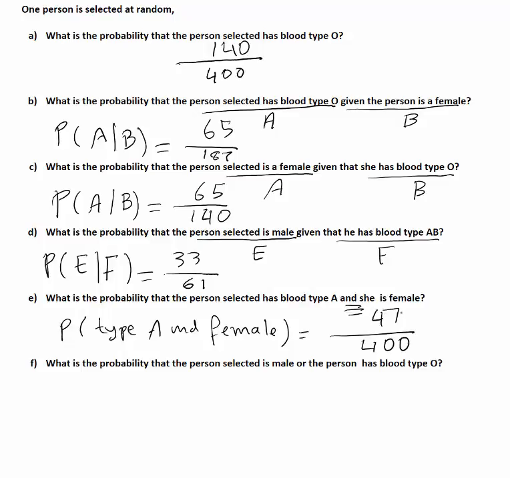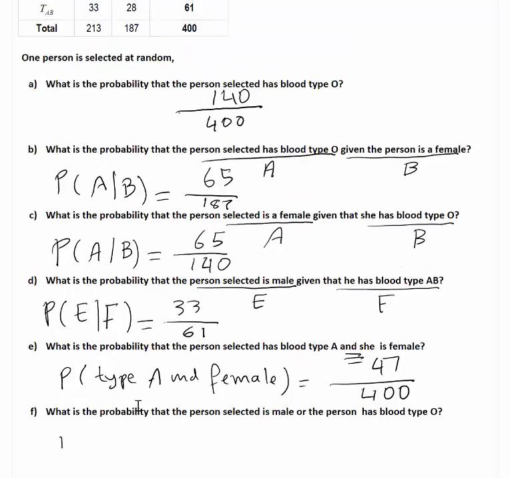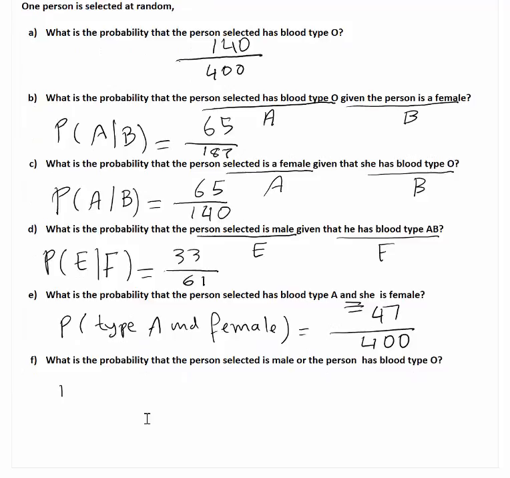F. What's the probability that the person selected is male or the person has blood type O? So the probability of male or type O. Okay, this is called the addition rule.